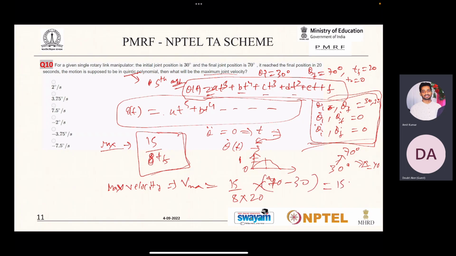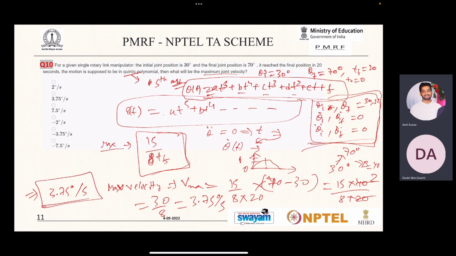That becomes 15 into 40 by 8 into 20, which becomes 30 by 8, and this is 3.75 degrees per second. So the correct answer is 3.75 degrees per second.